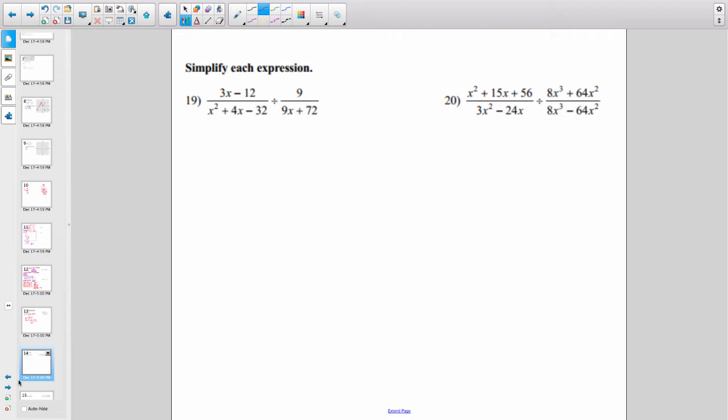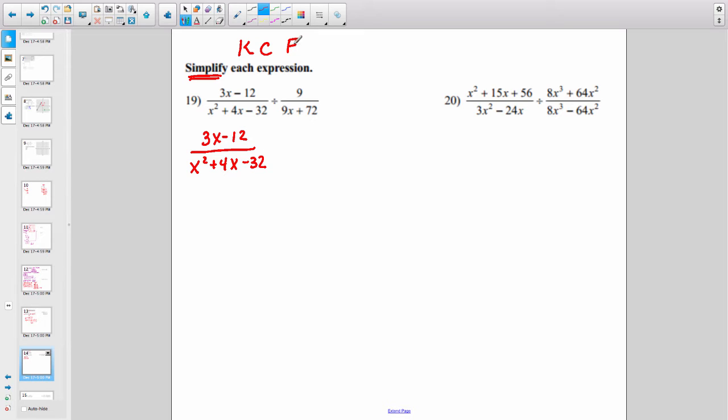Number 19, simplifying the expression. We're being asked to divide two fractions, and hopefully you remember that we really don't ever divide fractions. We turn them into multiplication using their reciprocal. The term we taught you was keep, change, flip.